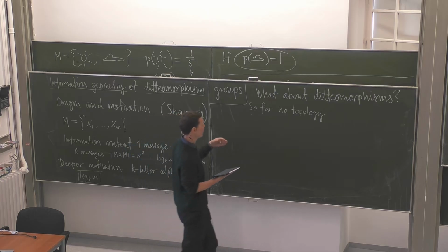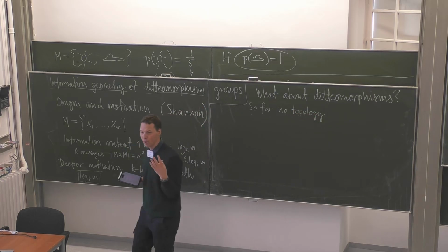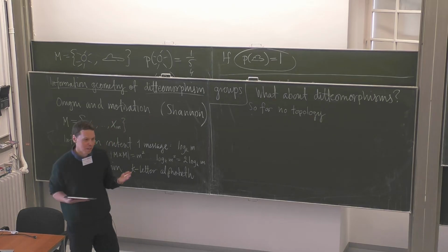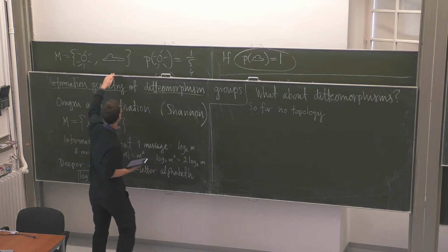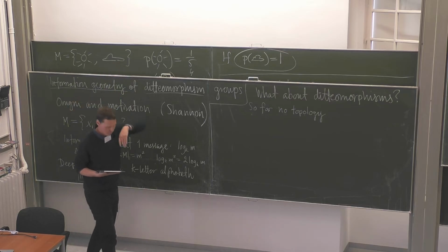So the first thing, to make the connection to diffeomorphism, we must ask ourselves: why would it be needed to add some sort of topology on this set of messages?